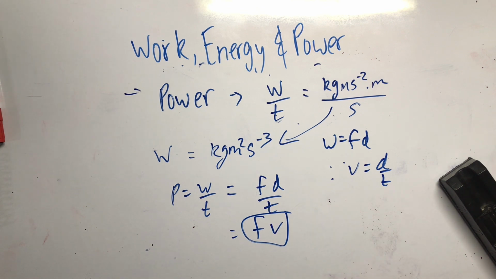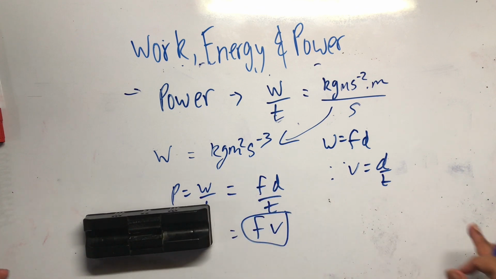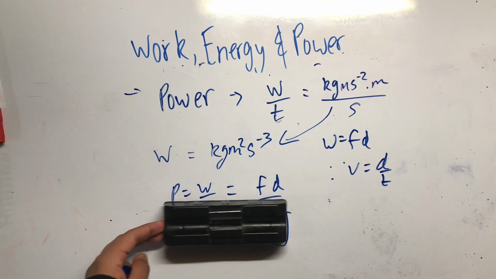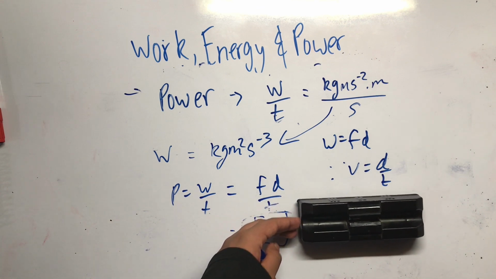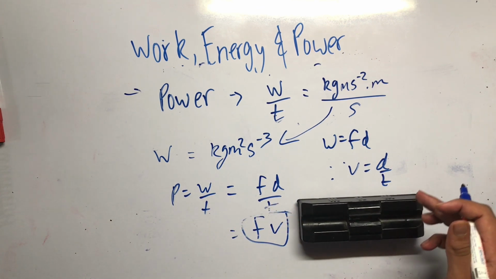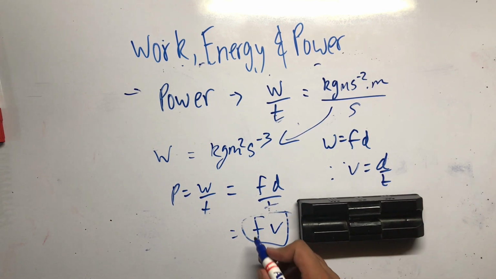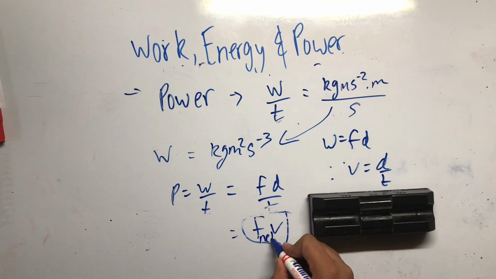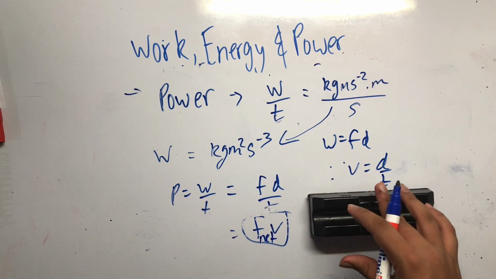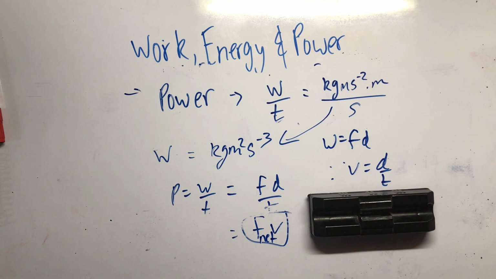So if an object is moving at a velocity of let's say 5 meters per second, and 10 newton of force is being applied to the object in this direction, then your power is equal to the net force F net times the velocity of that particular object.